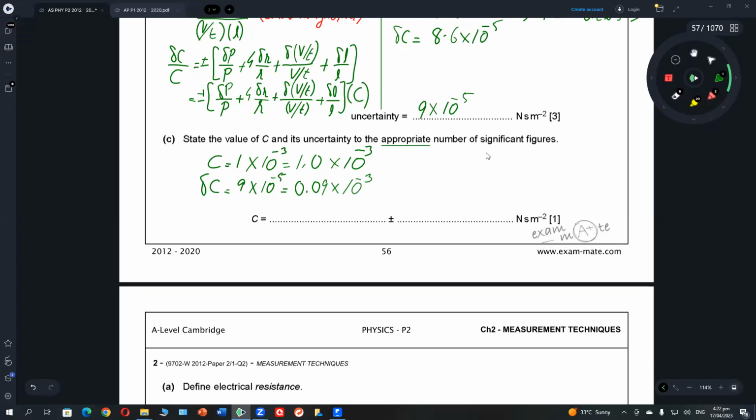I have to combine them. I have written it like that.